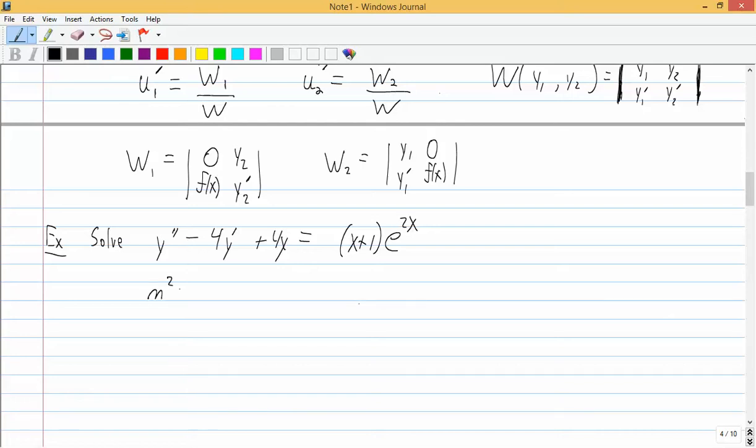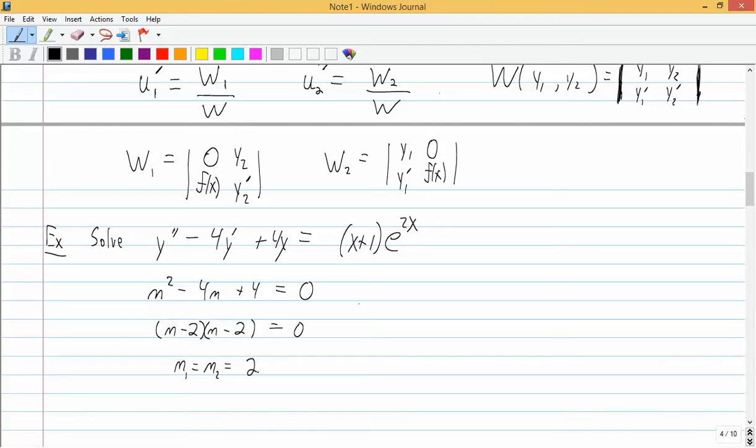So this will be m squared minus 4m plus 4 equals 0. Will that factor? It's m minus 2 times m minus 2. So what are my two answers? Two.